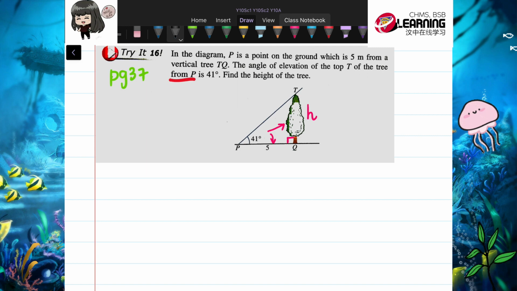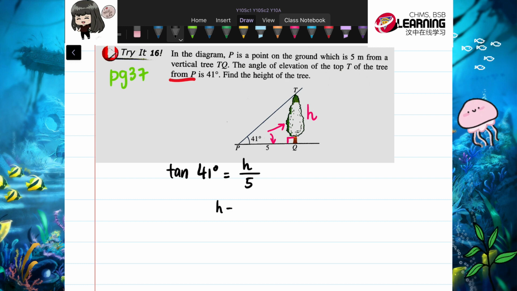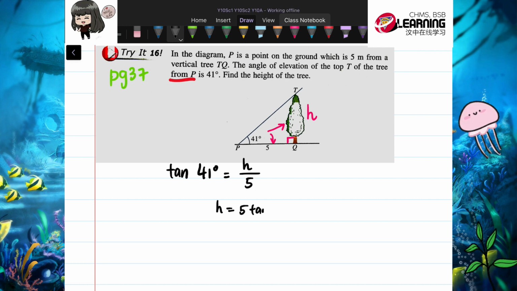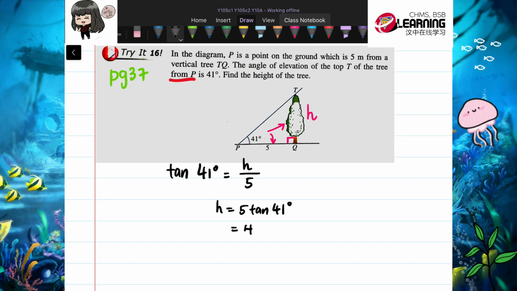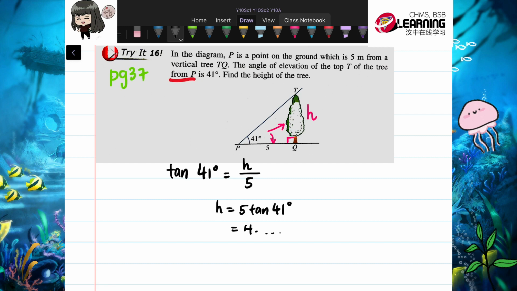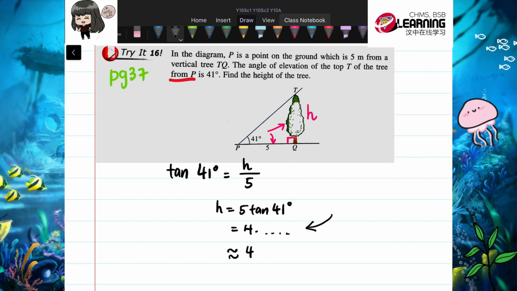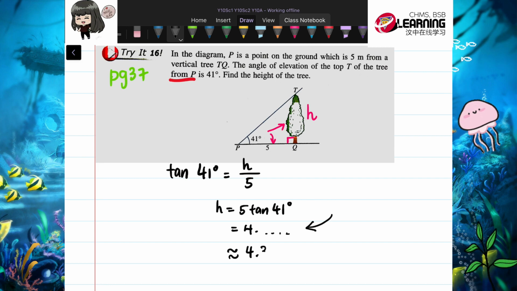So tan 41 degrees equals the height of the tree, I put as H, over 5. So your H equals 5 times tan 41 degrees, which is 4 point something. You fill in your own, and I round it off to 3 sig fig: 4.35 meters.